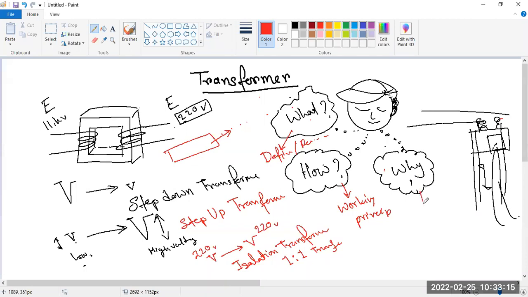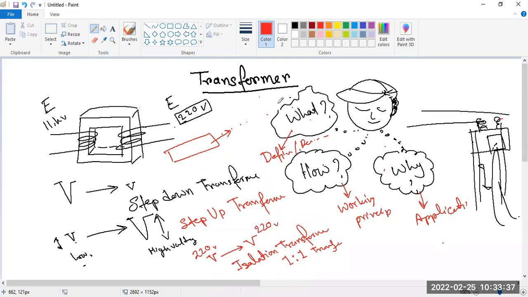And why means application. So whenever you get all the information about the definition, description, working principle, and application, then you can complete your study and remember these things throughout your life.